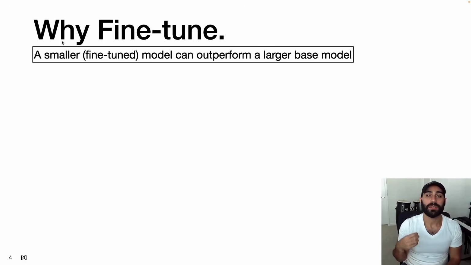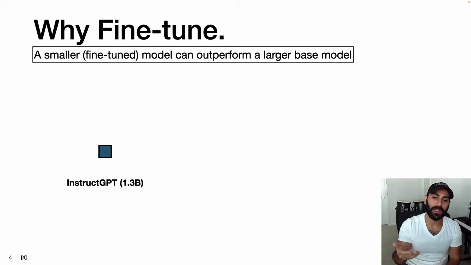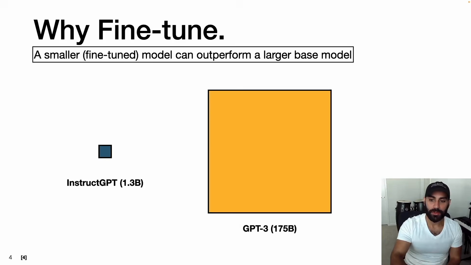Beyond this performance, there's actually a deeper reason why you might want to fine-tune, and that is the observation that a smaller fine-tuned model can often outperform a larger base model. This was demonstrated by OpenAI in their InstructGPT model, where their small 1.3 billion parameter fine-tuned InstructGPT model generated completions that were preferred to GPT-3 completions, even though GPT-3 had about 100 times as many internal parameters.